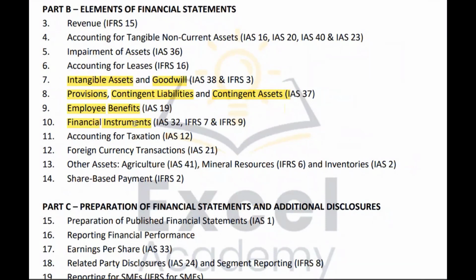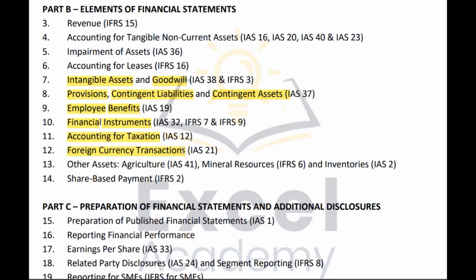I will ensure that we dismantle this topic in the course of the lectures for the June 2024 diet. After that, we have accounting for taxation, that's IAS 12, income taxes. We also have the standard that talks about foreign currency transactions, that's IAS 21. The title of IAS 21 is the effect of changes in foreign exchange rates.